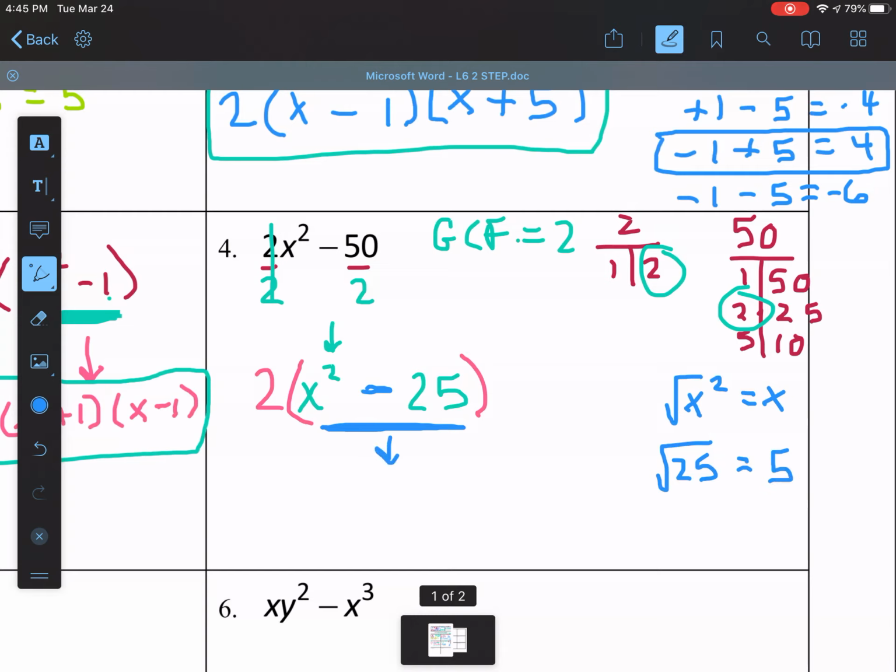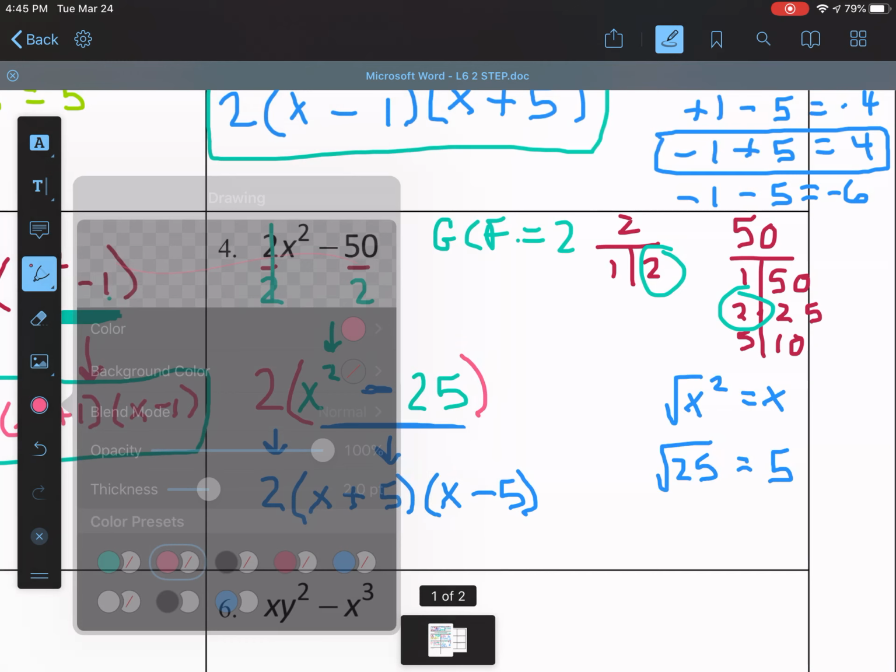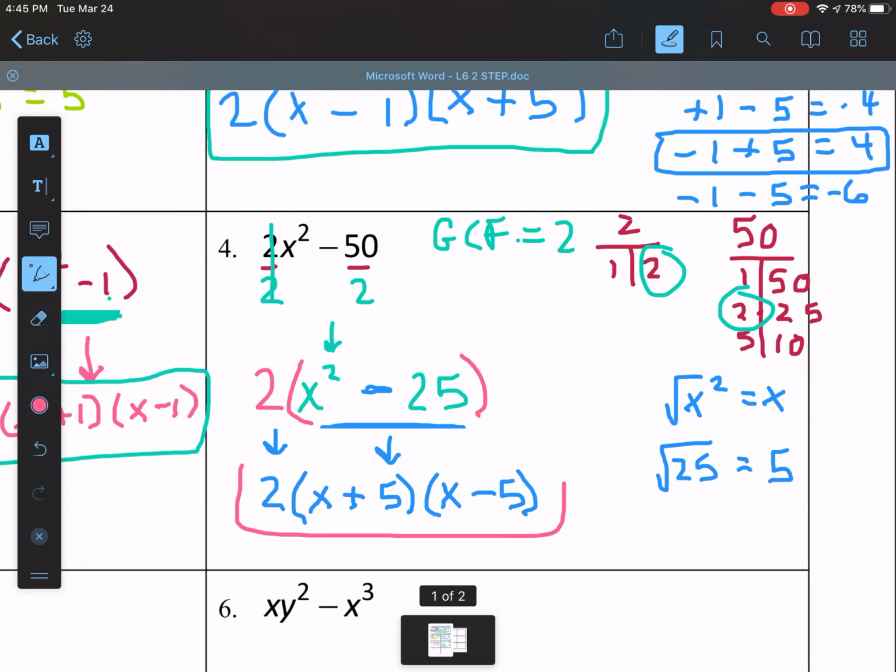Okay, so this part becomes x plus 5 and x minus 5. Okay, and again, don't forget, bring down that 2. We didn't go anywhere. Okay, so this right here is your final answer.